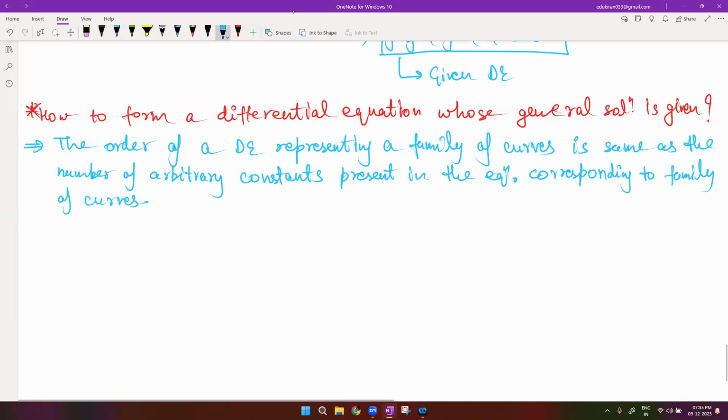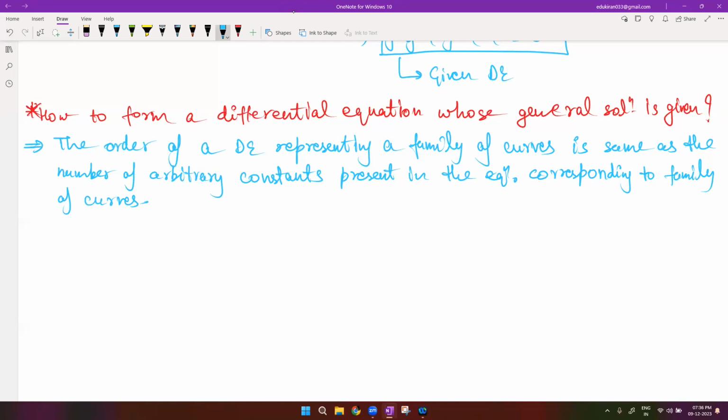Right. So basically, what we are saying is you will be given a general solution, right? And from that general solution, you have to form a differential equation. So to form a differential equation, first of all, the first basic idea that we need to get is up to what order this differential equation will be defined.